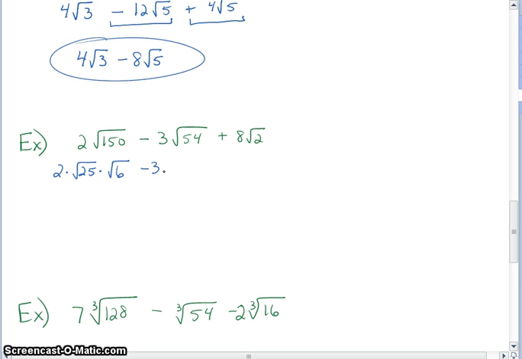minus 3 times what goes into 54 that I know the square root of? This time I'm not going to choose 27 because remember 27 is the cube root. I know the cube root of 27 but not the square root. So I have to stick with just 9 for this one.